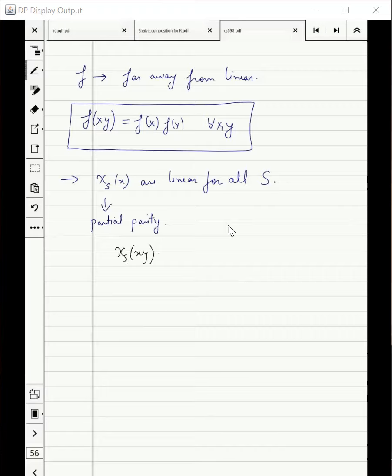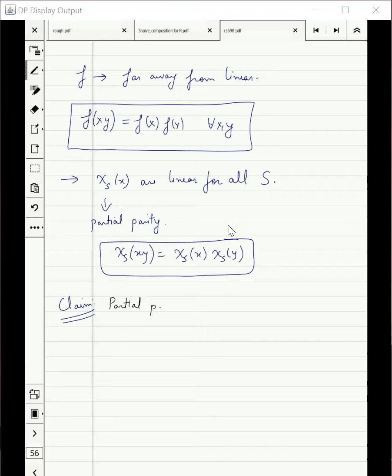This was told to you: these parities are very special, that's why they are called characters. Now, my claim is that partial parities are the only linear functions.